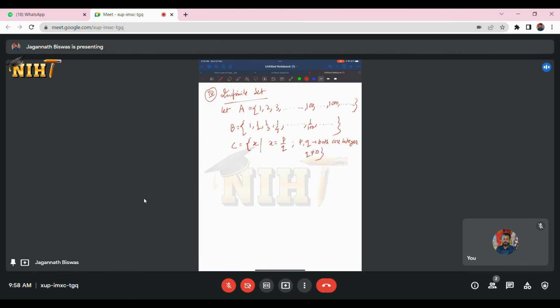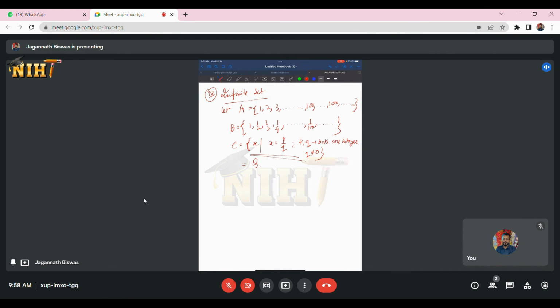Anybody, do you know what type of set C is? Actually, C is the rational number set, which is represented by capital Q. There are some special sets whose names are there. I will talk about it later. So this is a collection of all rational numbers.